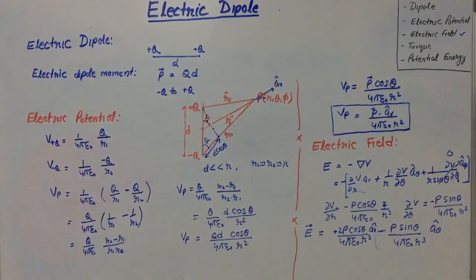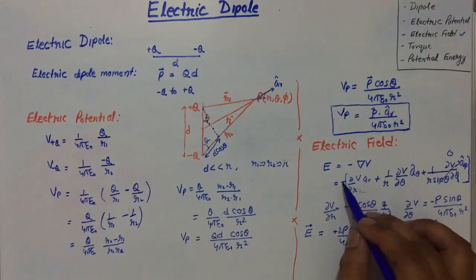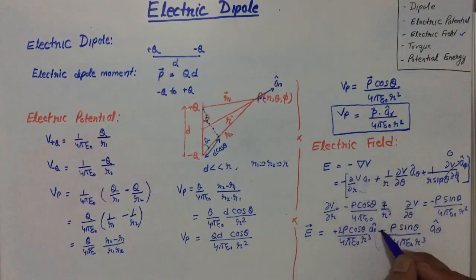So we can say the electric field is 2p cos theta by 4 pi epsilon naught r cube in the direction of a_r, minus p sine theta divided by 4 pi epsilon naught r cube. Okay, if this is minus and we put it here, then this minus multiplied with this should be plus.